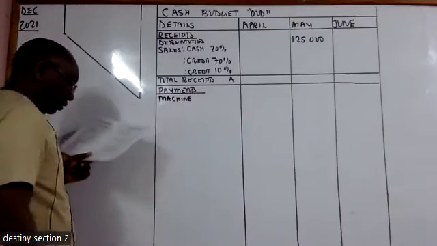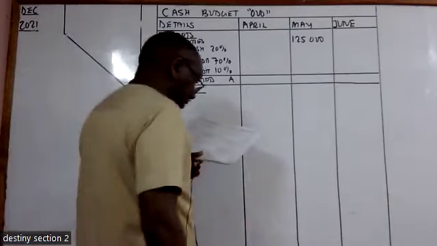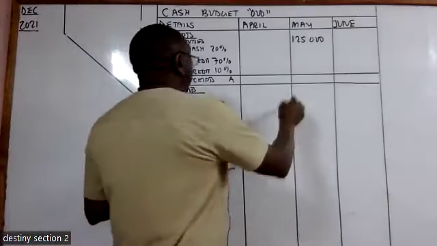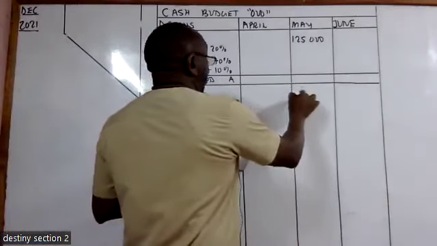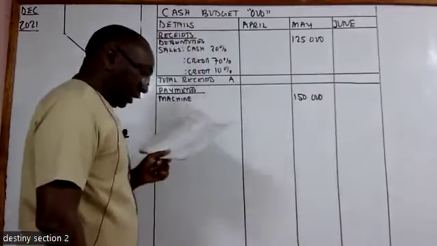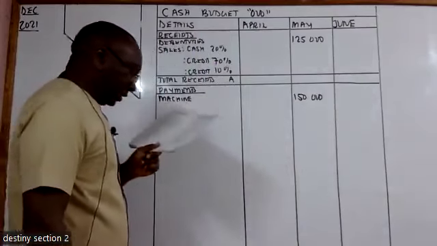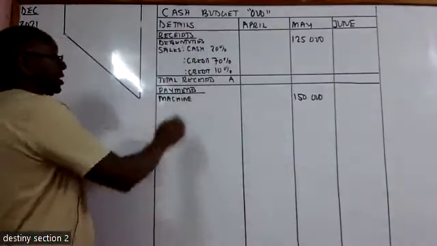We are told it will be installed in March at a cost of 150 and the payment is expected in May. So we read that and record 150,000. That is done. The next one is sales commission 3%.